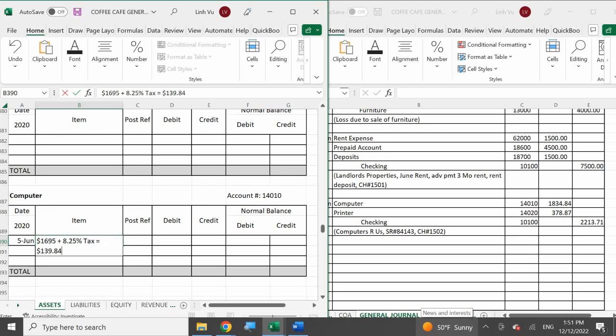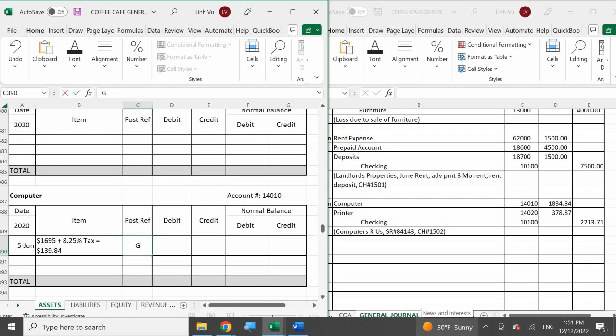Okay? Which got me to my grand total of $1834.84. Okay? And it's a debit balance because I'm increasing an asset, right? My post reference is still going to be general journal page number 1 because that's where my transaction is currently located. Okay?